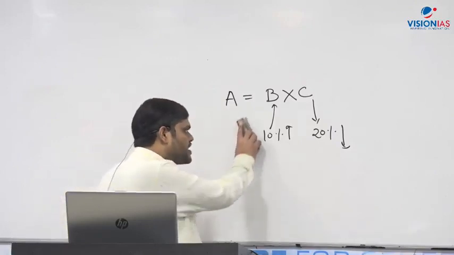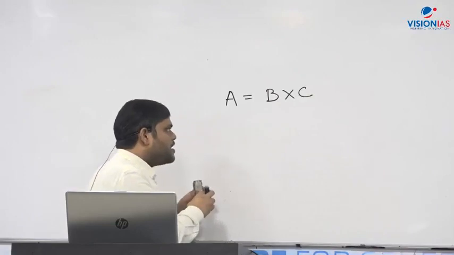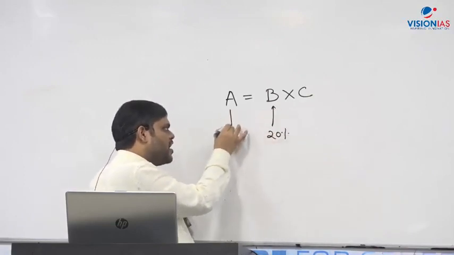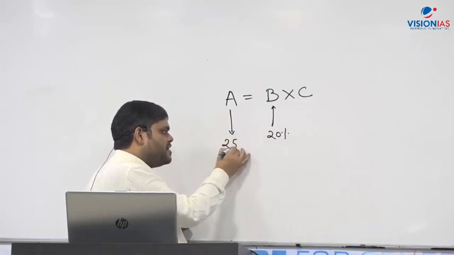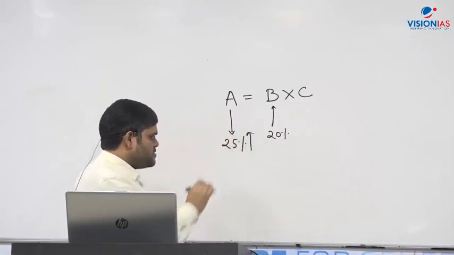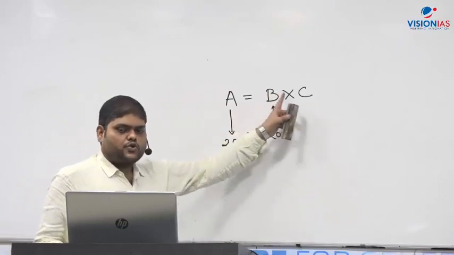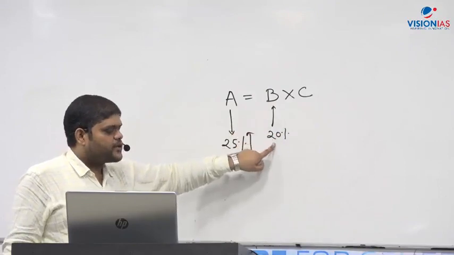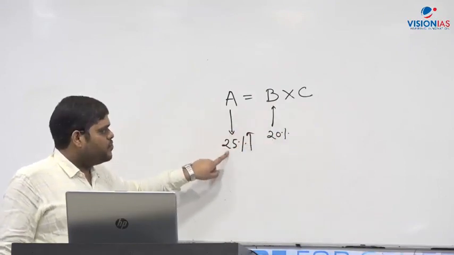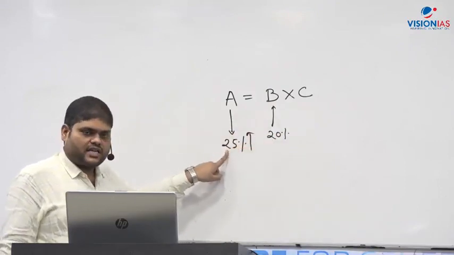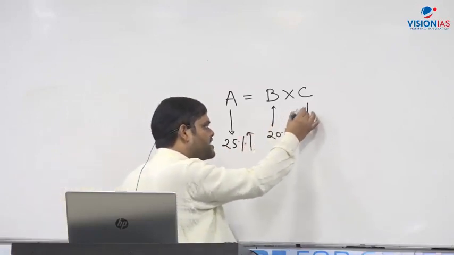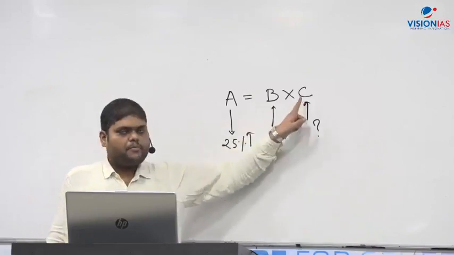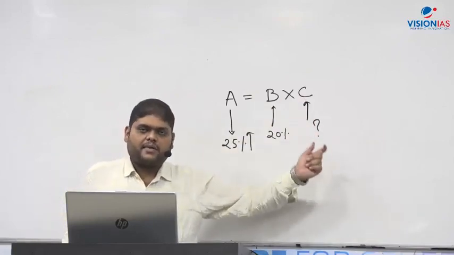But suppose the question is, this value is increased by 20% and because of this, this value is increased by 25%. Not about these two. What is the percent of increment or decrement in C?